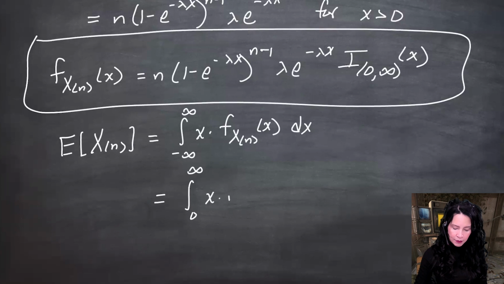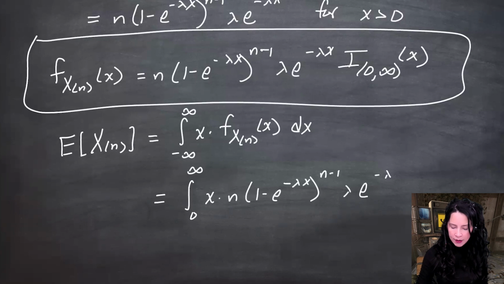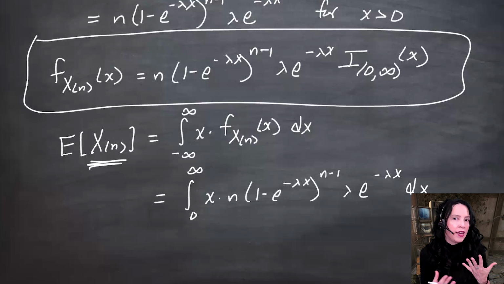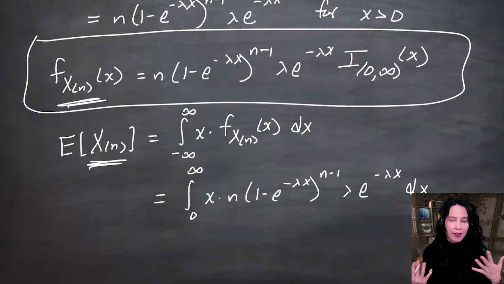Then we get x times n times (1 minus e to the minus lambda x) to the n minus 1, times lambda e to the minus lambda x dx. It's not nice. But again, if someone asks you for something involving the maximum, you probably have to find the PDF to compute the thing. Maybe. Certainly for an expectation.